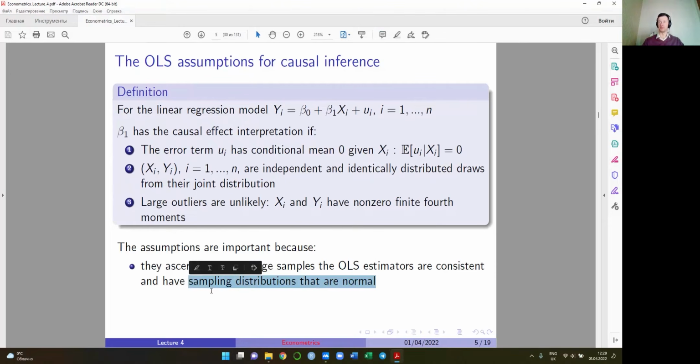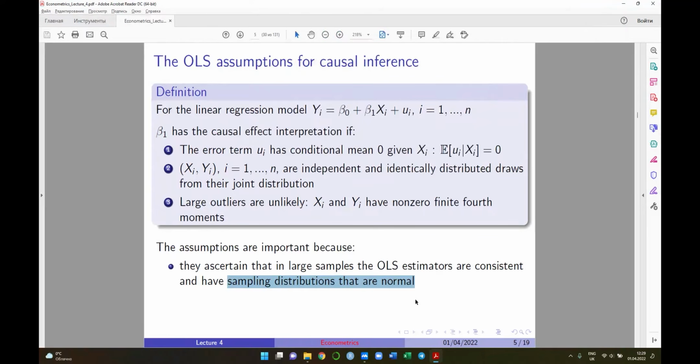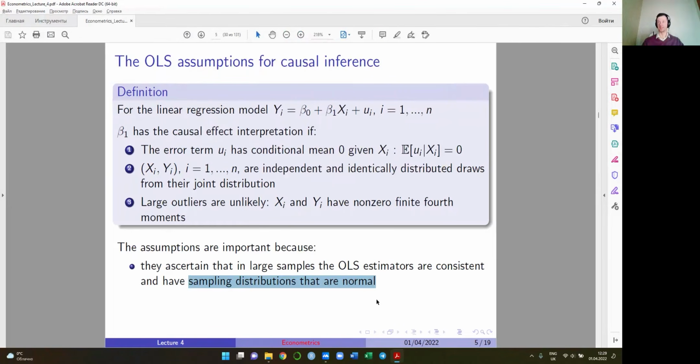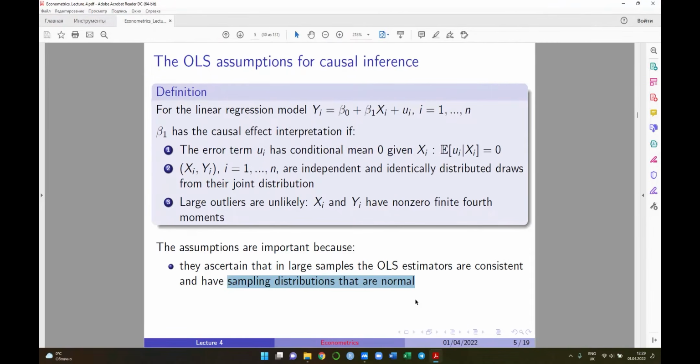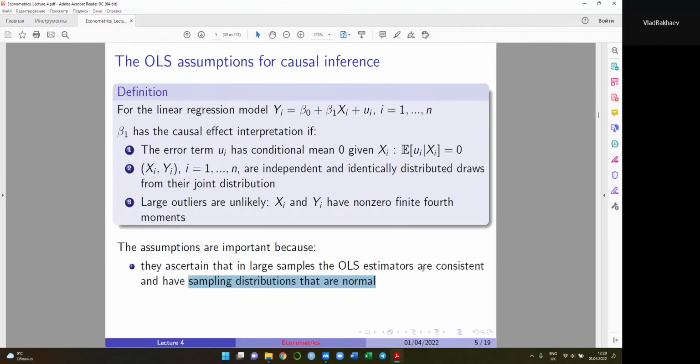If we know that sampling distributions are normal, what does it give us? What it gave us in statistics. We believe that the sampling distribution of x bar, for example, is normal in large samples. Then we can use t-statistics, and then we can build confidence intervals, we can make hypothesis tests, and we can make all these funny things that we were doing in statistics.